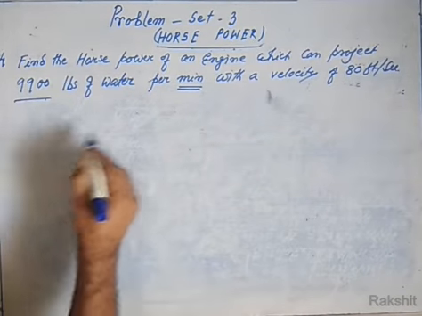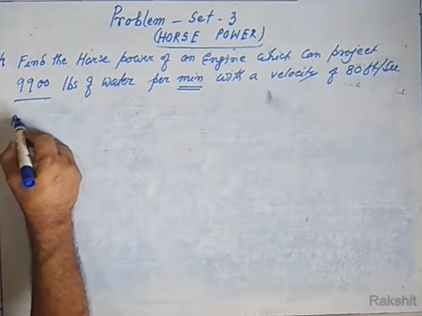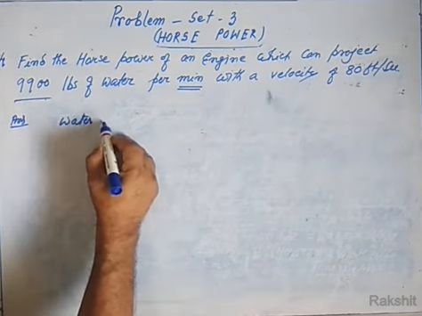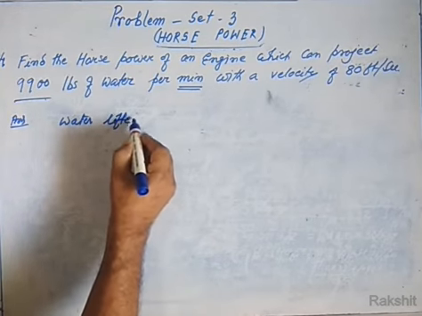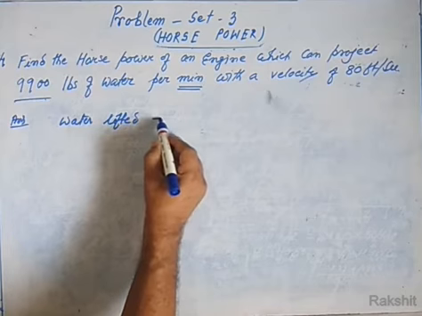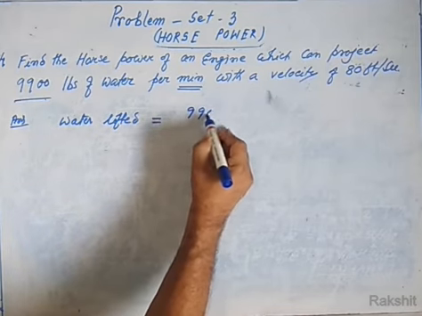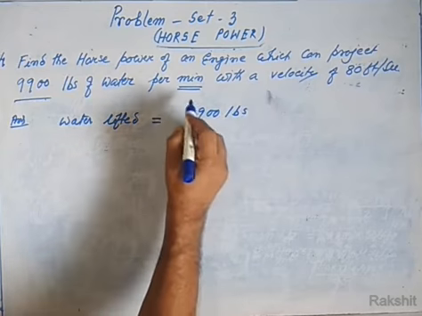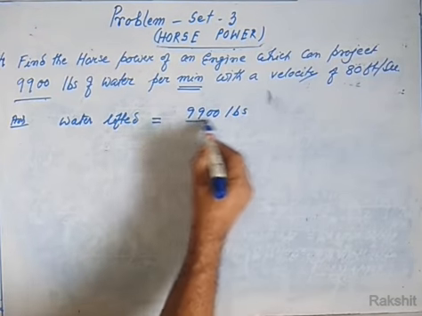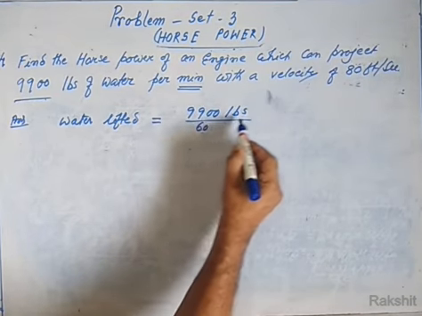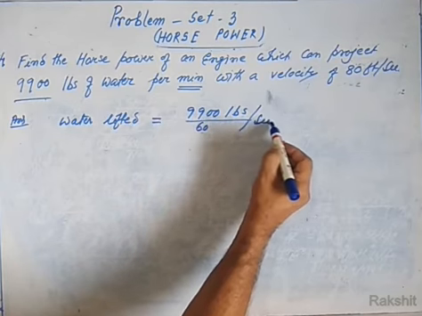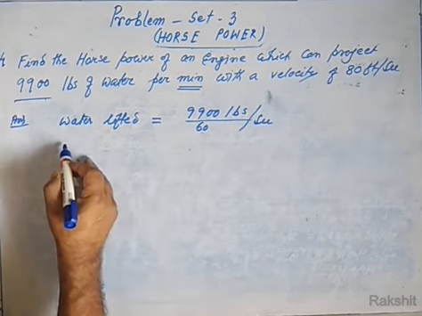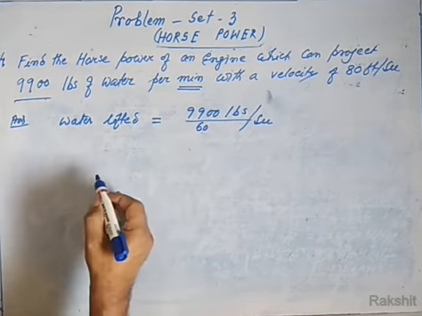So, water lifted here is equal to 9,900 lbs per minute by 60 per second. Okay. This is water per second.